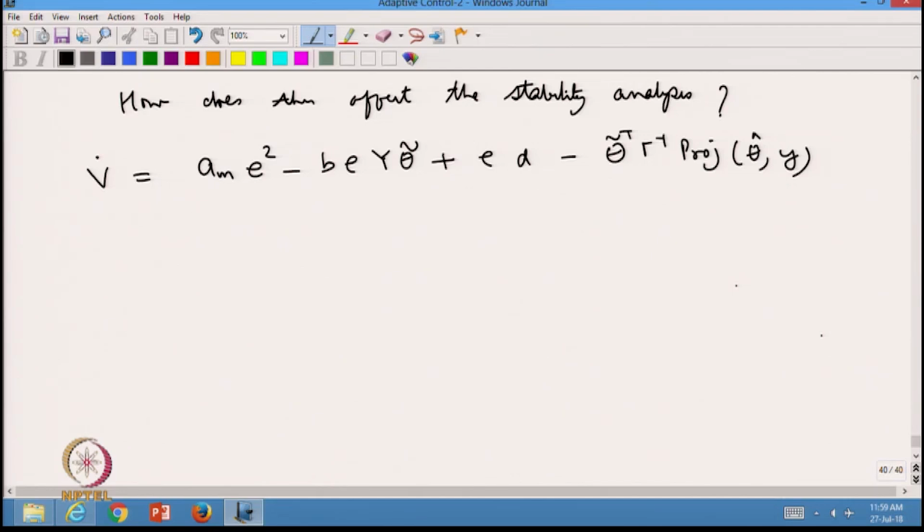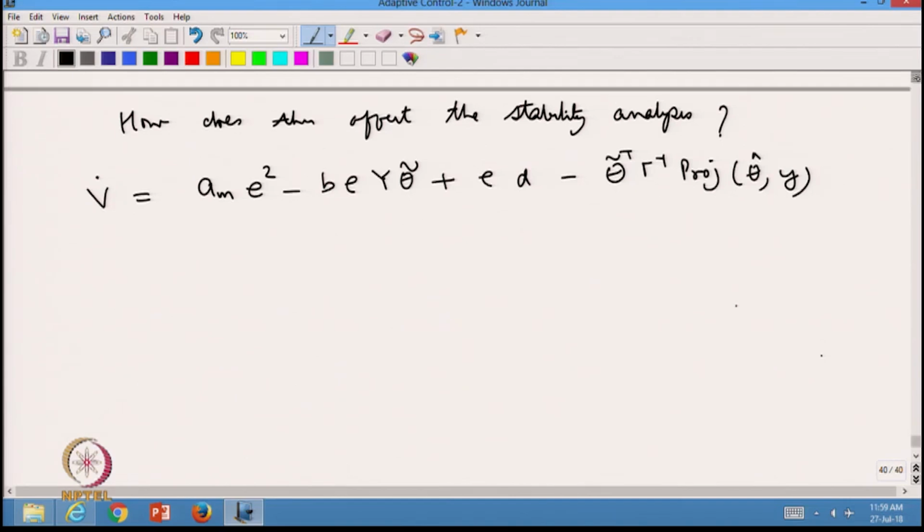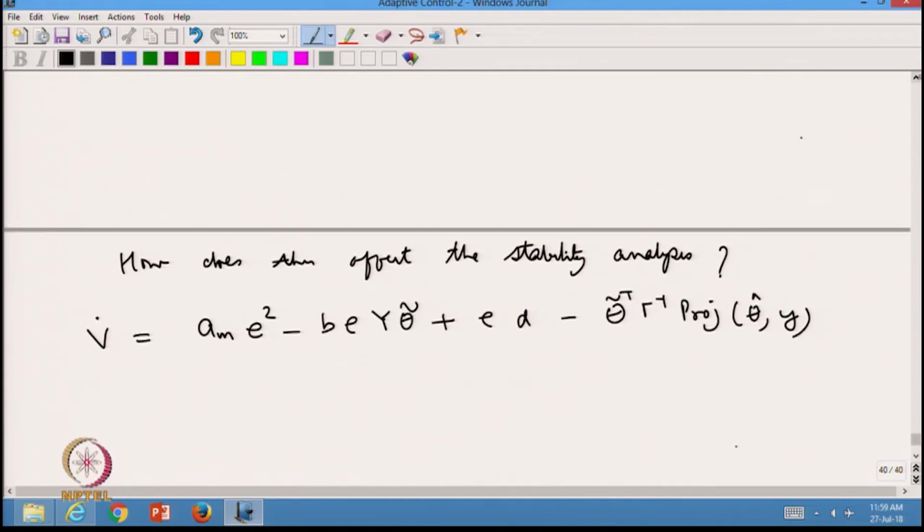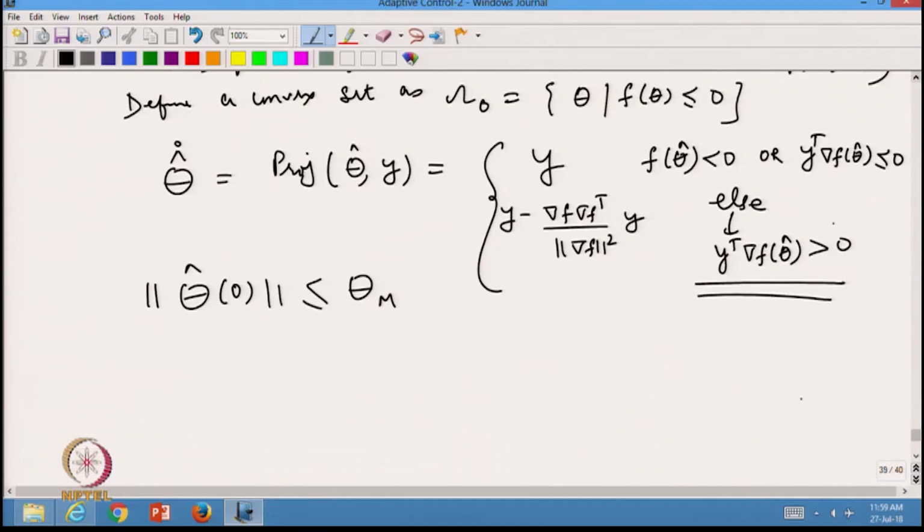Okay, so in case 1, let's just denote these as case 1 and case 2. So this is case 1 and this is case 2.